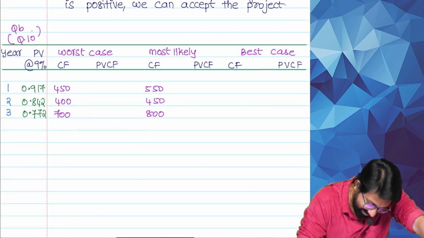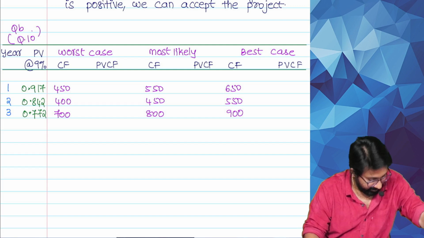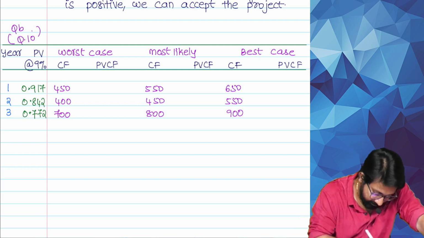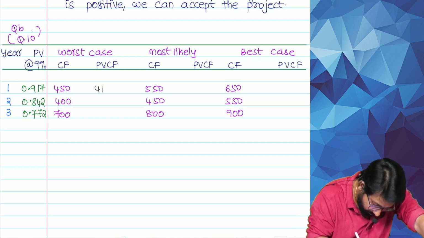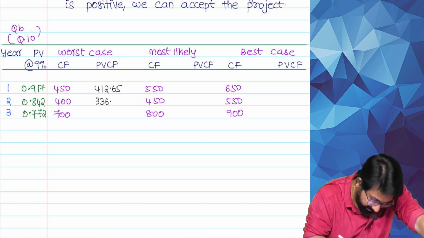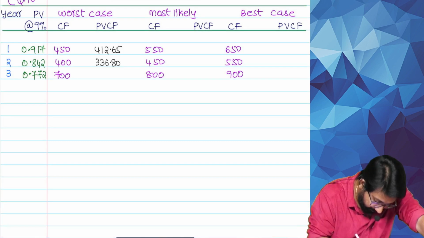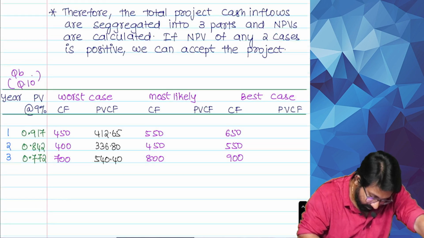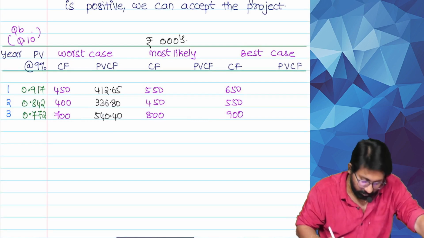650, 500, 900. Tell me the PVCF value. Next, 336.85. So all these rupees are in thousands.